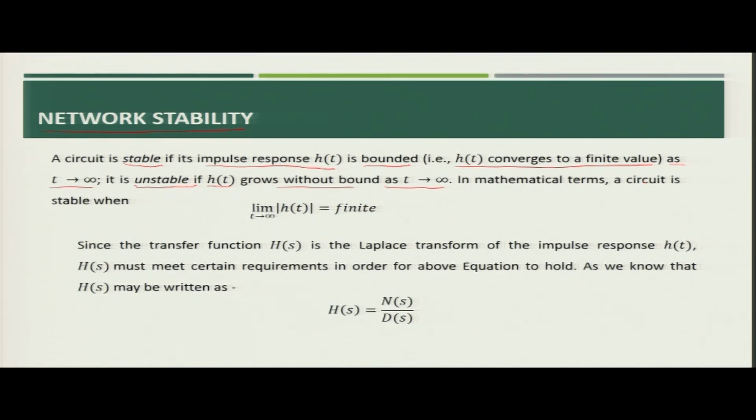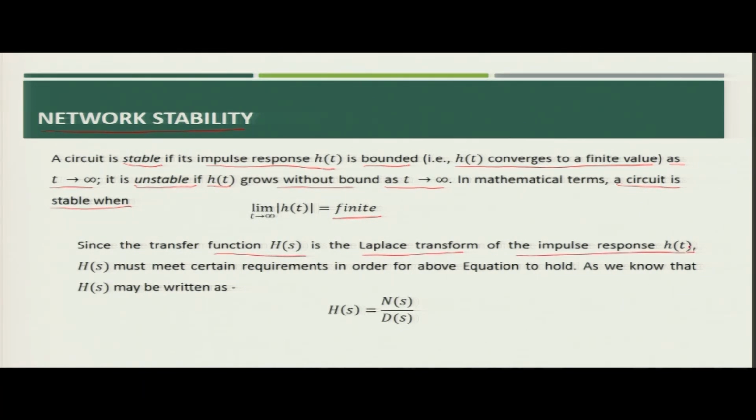So, in mathematical terms, you can say that the circuit is stable when the limit as t tends to infinity of the value of h(t) is finite.